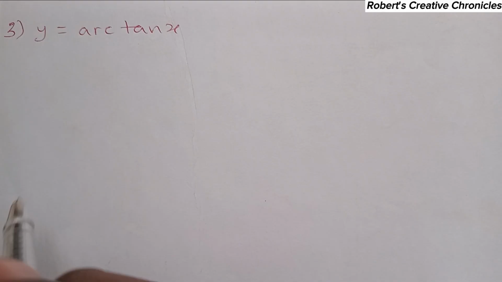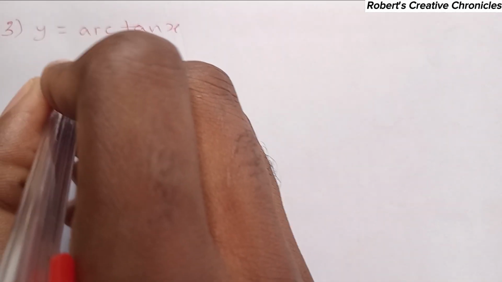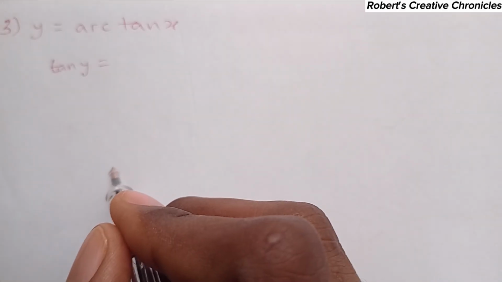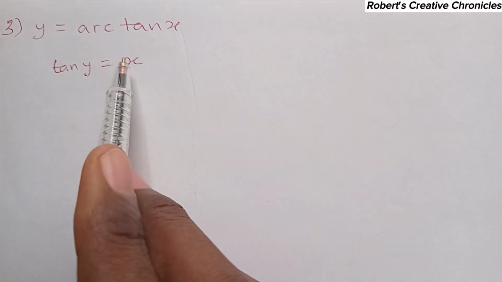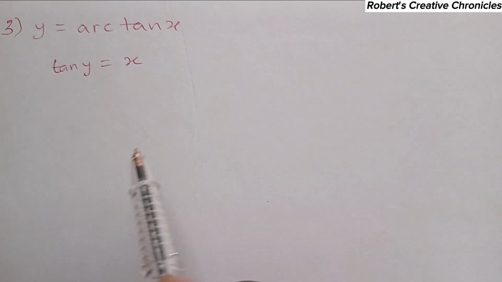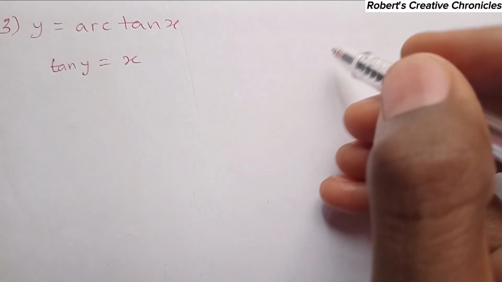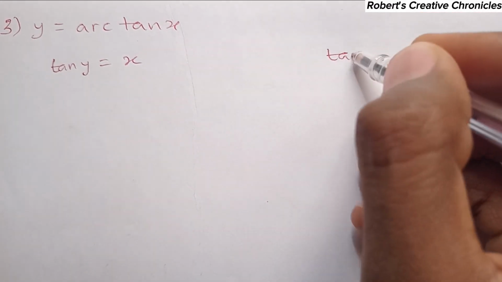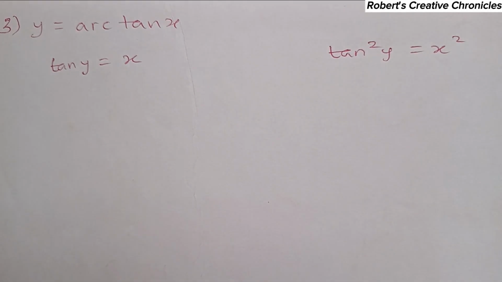So now the third one, we multiply both sides by tan. This becomes tan y equals x, because arctan will cancel tan, because arctan is tan inverse. So now we square both sides, so it becomes tan square y equals x square.